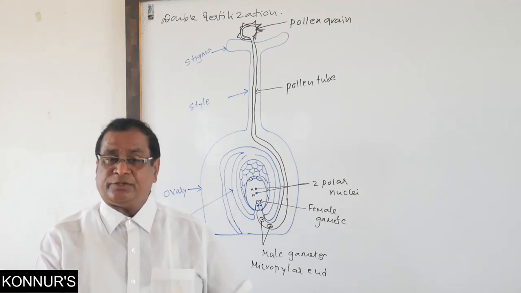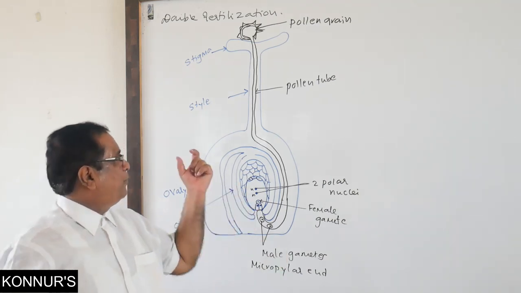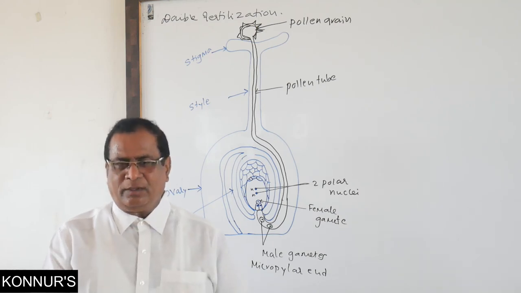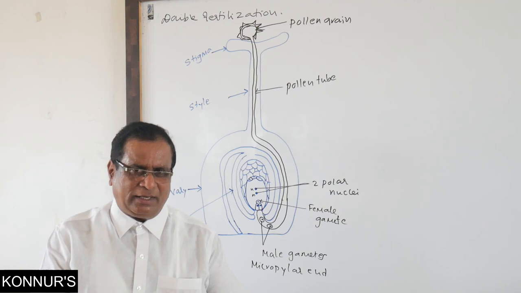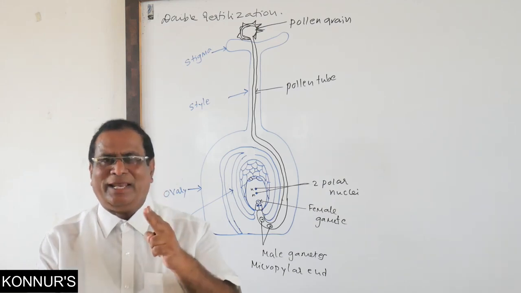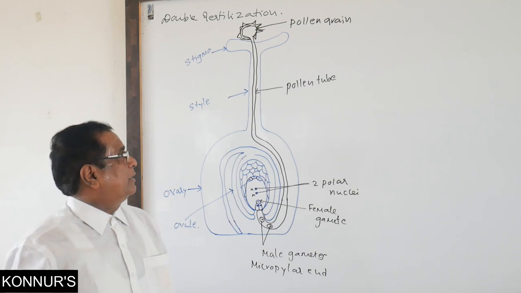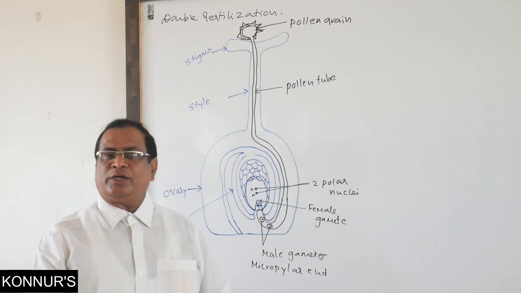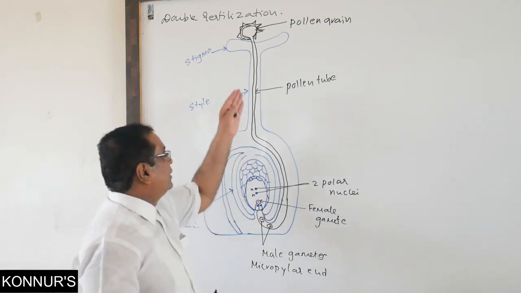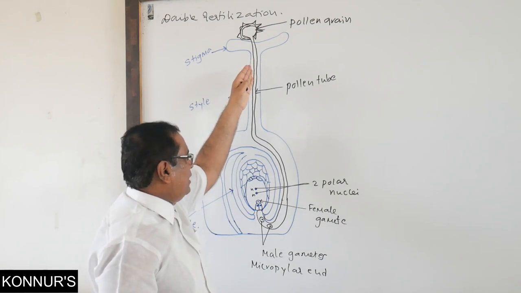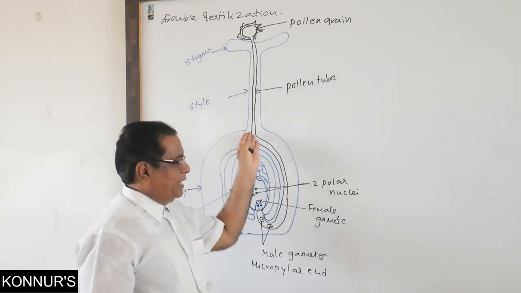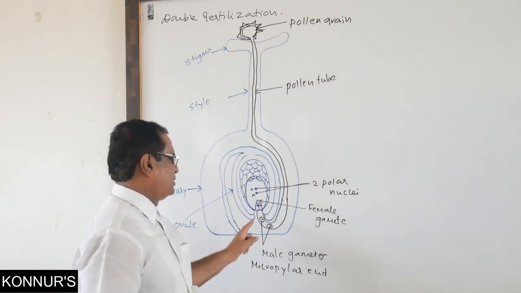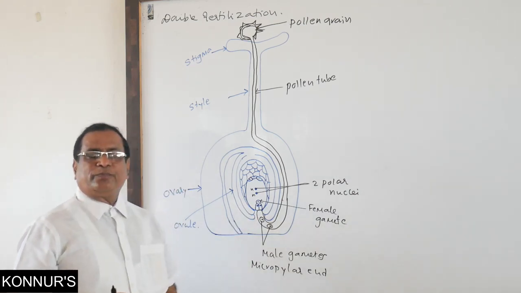In 40% of angiosperms, the pollen grain that falls on the stigma is 3-celled, where the generative cell gives 2 haploid male gametes, and the vegetative cell makes a long pollen tube. That pollen tube passes through the stigma and style, enters the ovary, and through the micropylar end it enters the embryo sac.